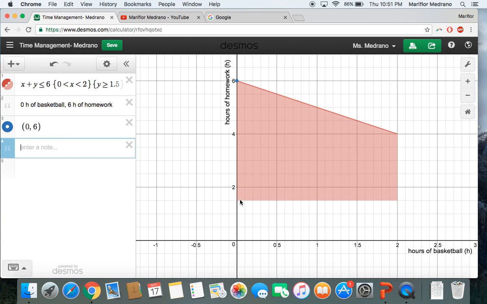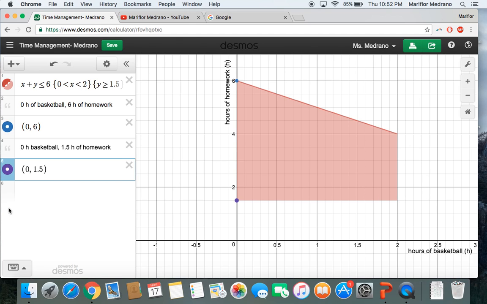Next, this point means that there's 0 hours of basketball played, but we have to at least do 1.5 hours of homework. So I'm going to write 0, 1.5, and that will mark that point.